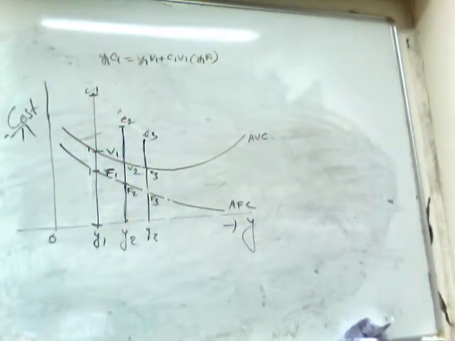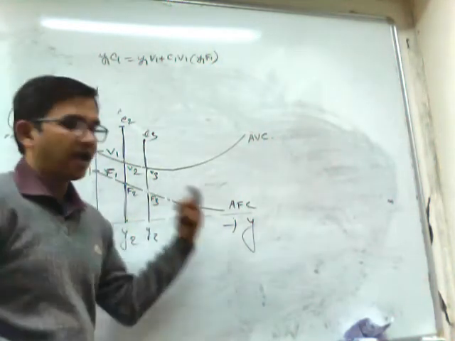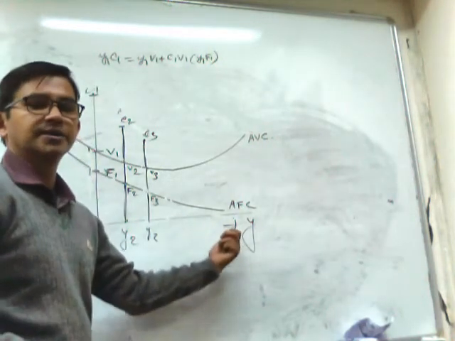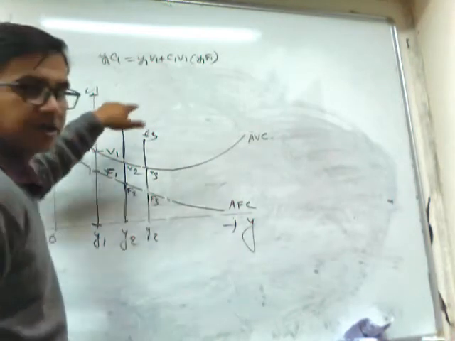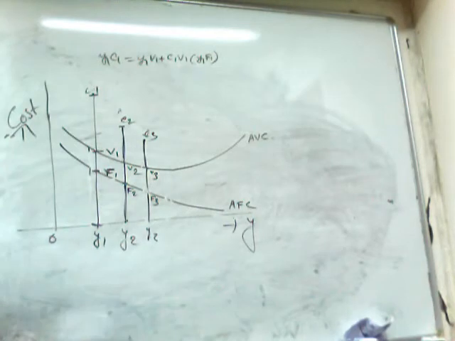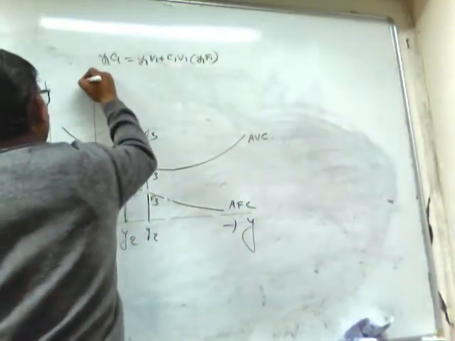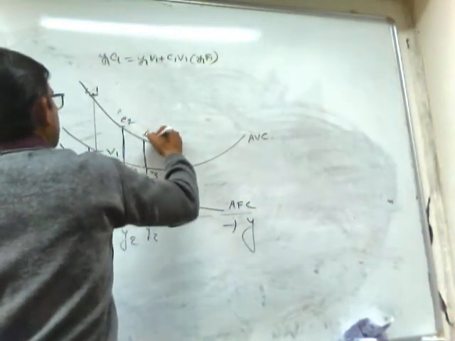So one thing is clear, as the output level increases, average fixed cost will decline, so the vertical distance between the average variable cost and average cost curves will decline. So the average cost curve will also initially be downward sloping.